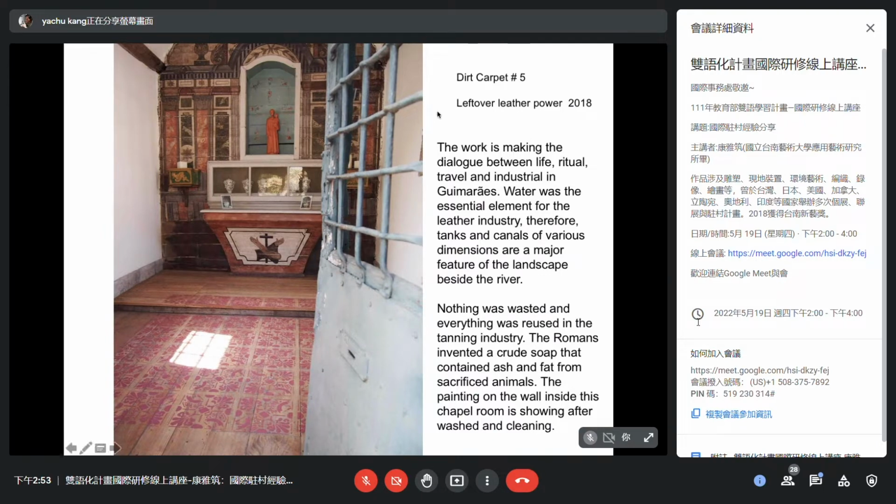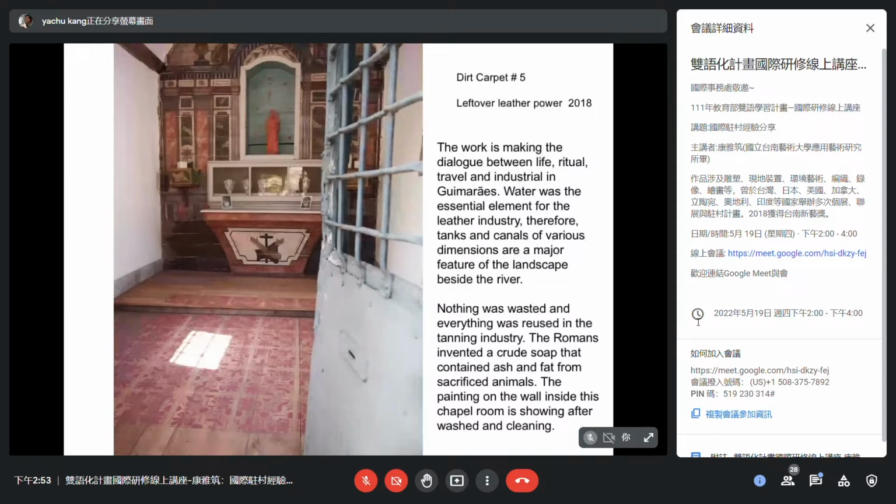So this third carpet is making a dialogue between life, ritual, travel, and industry in Guimarães. Water was the essential element for the leather industry. Therefore, tanks and canals of various dimensions are a major feature of the landscape beside the river.